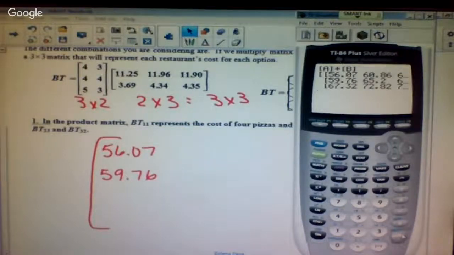Okay, so these are all of your numbers that go in the first row. This is your middle row, and if you scroll over, that's your last row. So notice it did come out to be a 3 by 3 matrix. Okay.